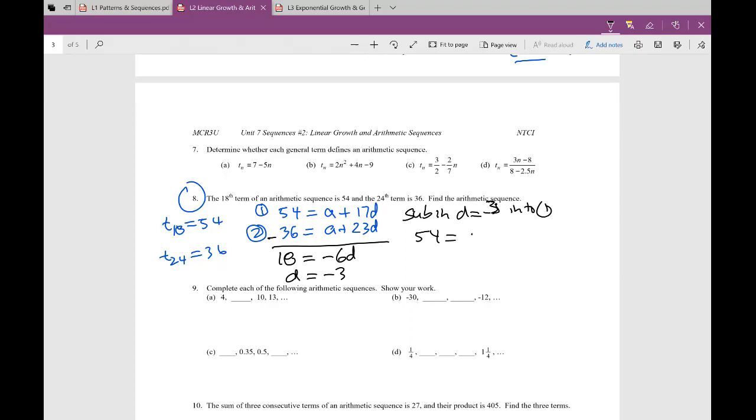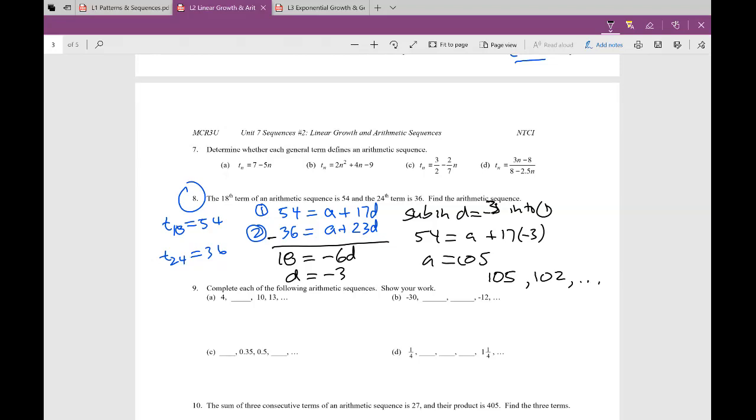So 54 is equal to a plus 17 times negative 3, because that's the common difference. Negative 3 times 17. The first term is 105. So the first term is 105, the second term is 102, and it keeps on going.